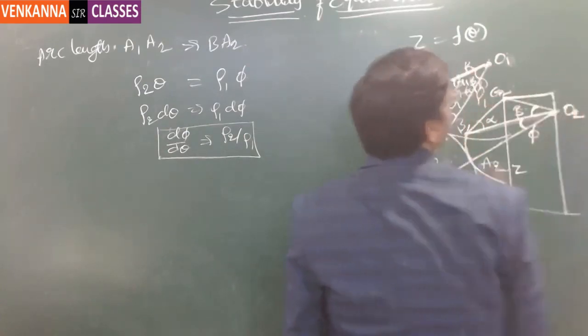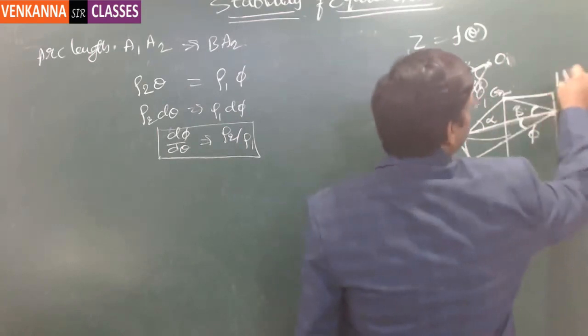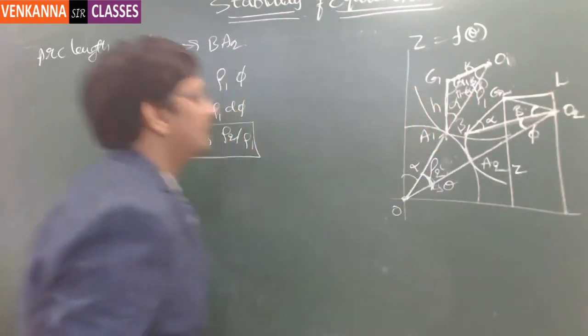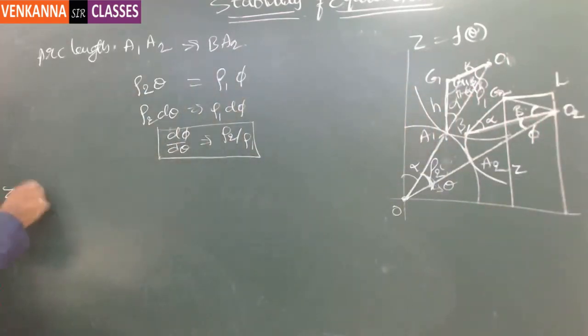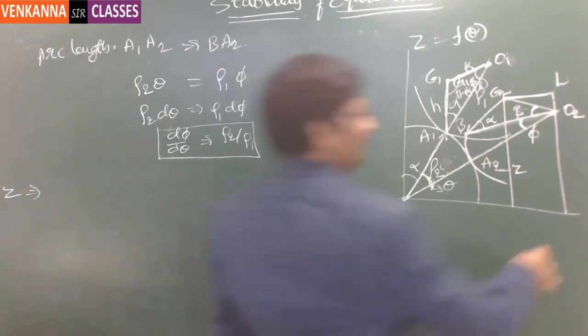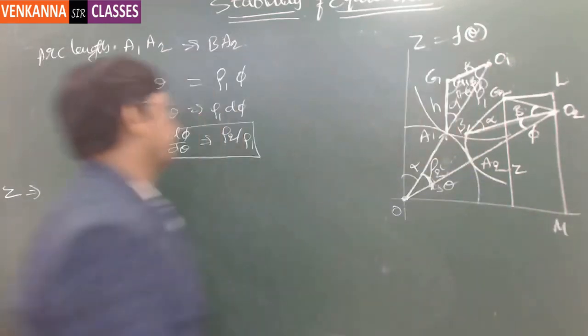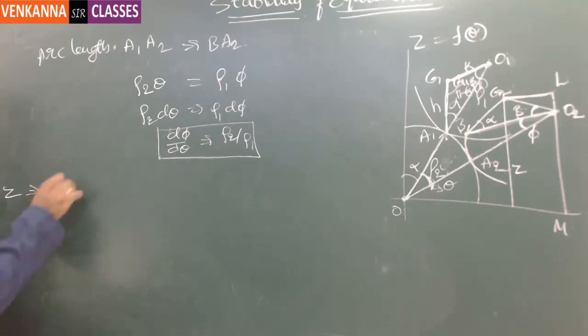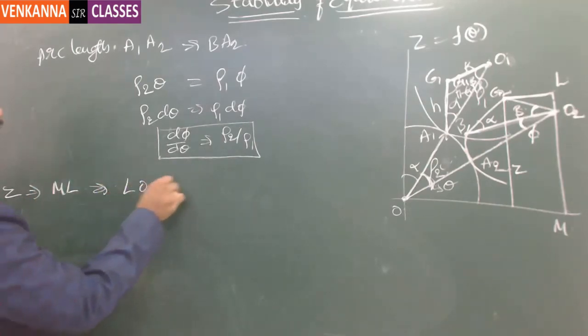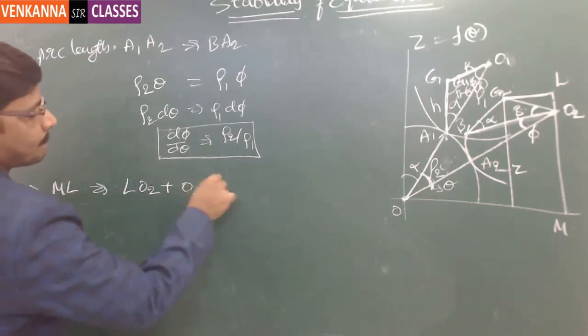So this is the height. This is G2. I call this L, and I call this M. So Z is equal to ML, and ML is equal to LO2 plus O2M.